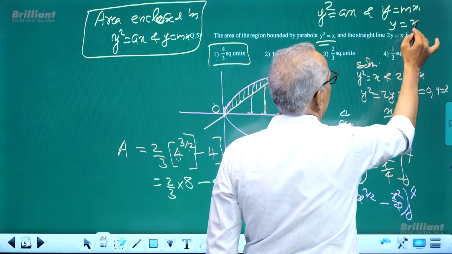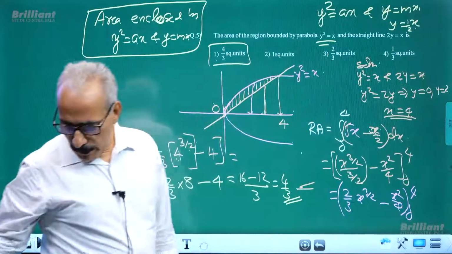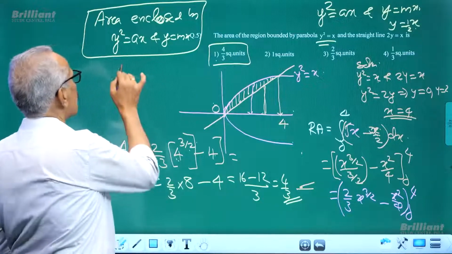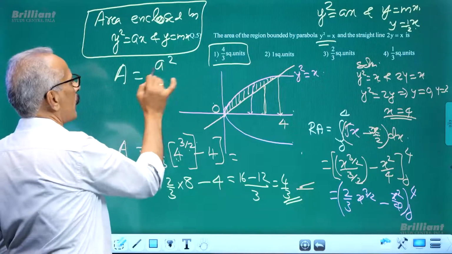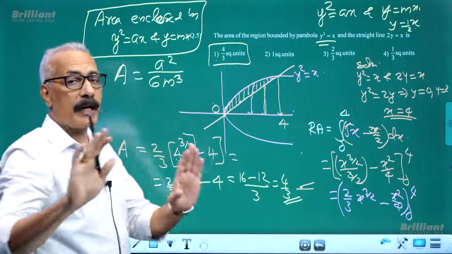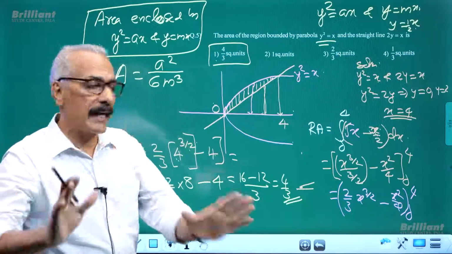Here y is equal to x by 2, 1 by 2 into this. So y square is equal to ax and y is equal to mx. Always remember this. This area will become a square divided by 6m cube. Remember, I have not taken y square is equal to 4ax. I have taken y square is equal to ax.